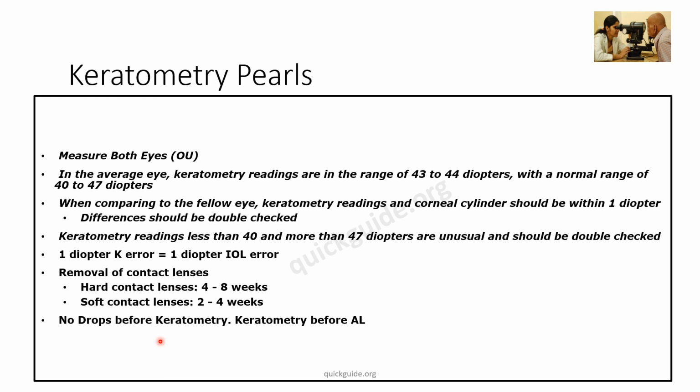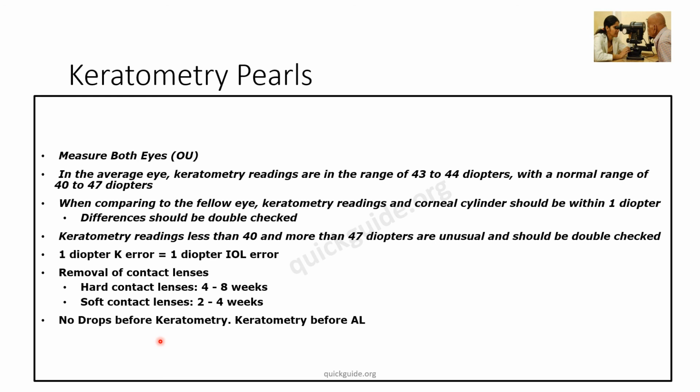And another aspect which is very important is we should never put any drops before keratometry. If we put drops and then do the keratometry, then the corneal curvature changes, which is not the true corneal curvature of the patient. So never put a drop on the eye before doing the keratometry.